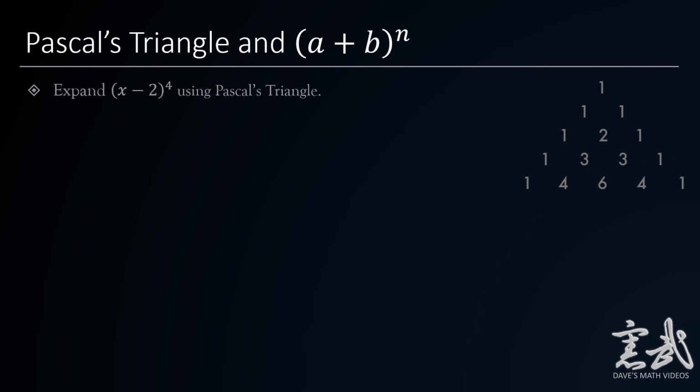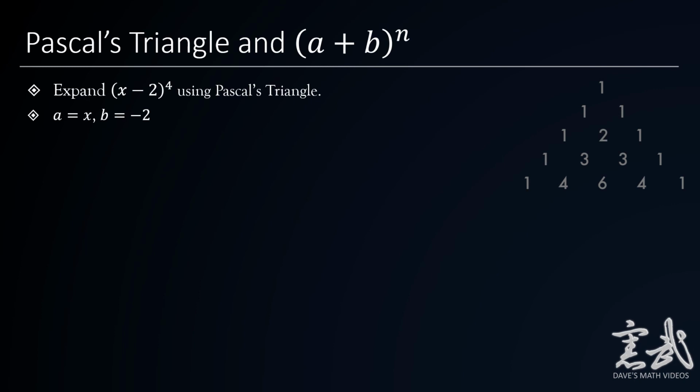As our final example, we are going to expand the quantity (x - 2)^4 using the shortcut of Pascal's triangle. It's always a good idea to try and identify a and b. In this case, a is simply x and b is negative 2. We'll recall the rules for expanding by Pascal's triangle.